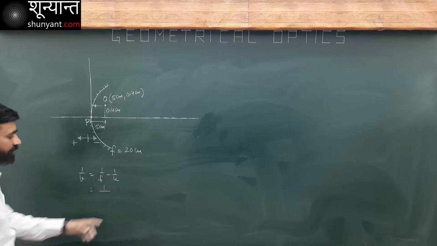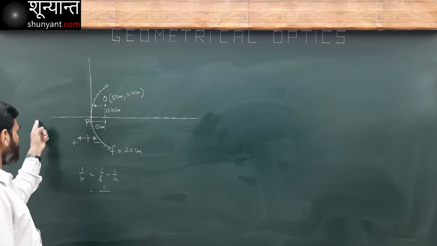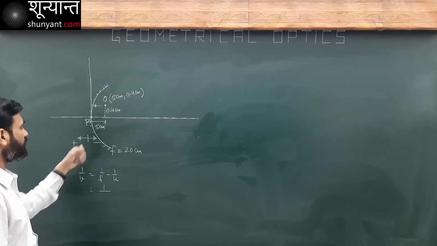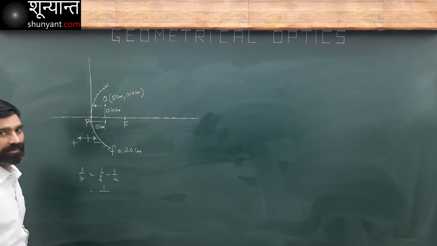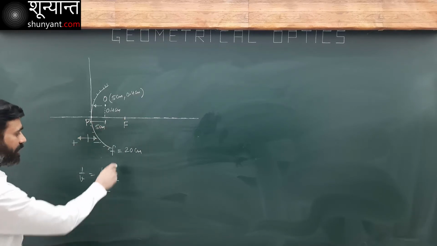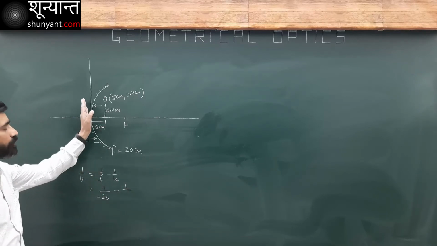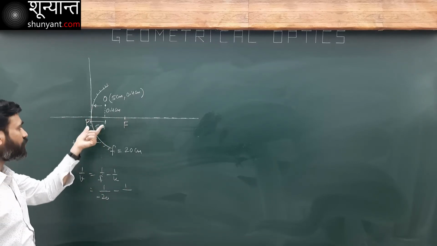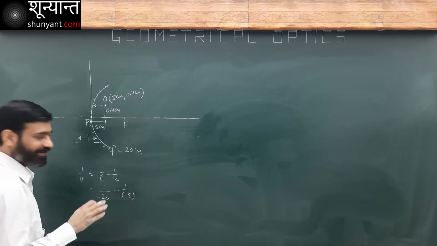What will be the focal length? This is pole. To the left it is positive, to the right it is negative. Focus will be somewhere here, so focal length will be negative, minus 20. Minus 1 over 20, and the object is towards the right, so u is minus 5. Makes sense?